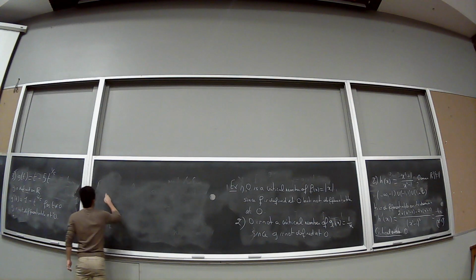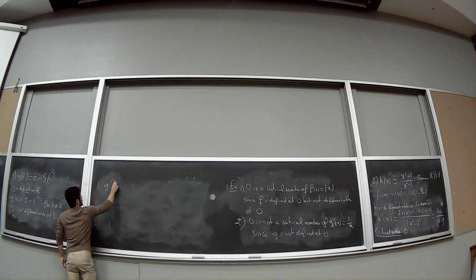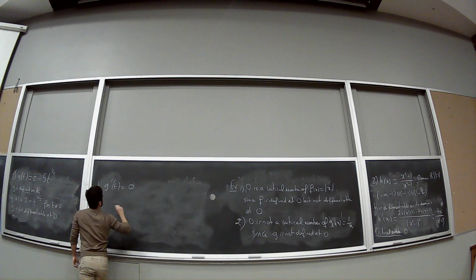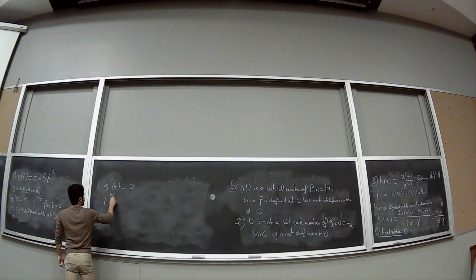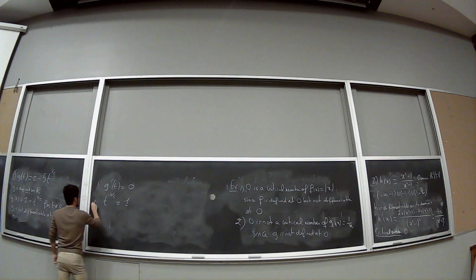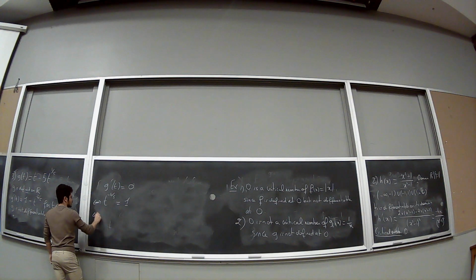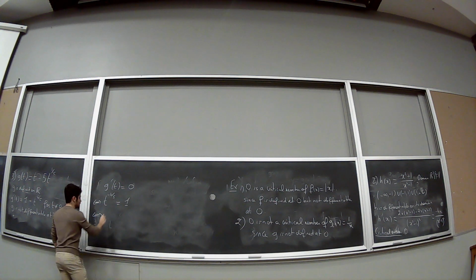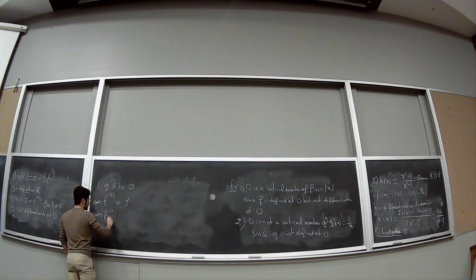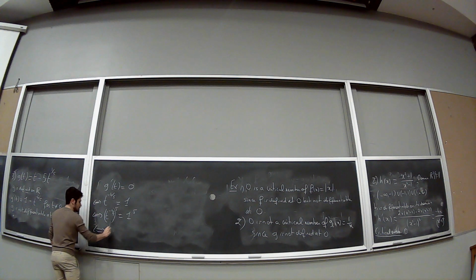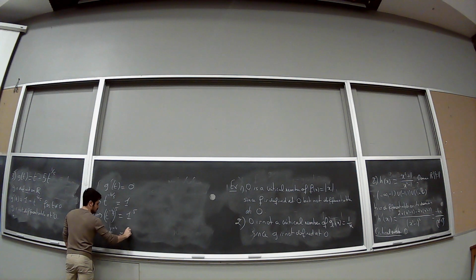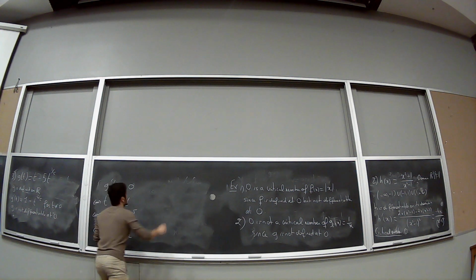G prime of t is equal to 0 is equivalent to t to the minus 4 over 5 is equal to 1. Now let me raise both sides to the power 5. So t to the minus 4 over 5 to the power 5 is 1 to the 5. So what do you get? You get t to the minus 4 is equal to 1.